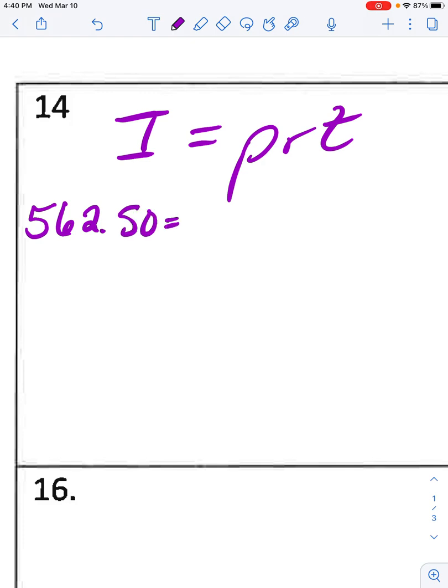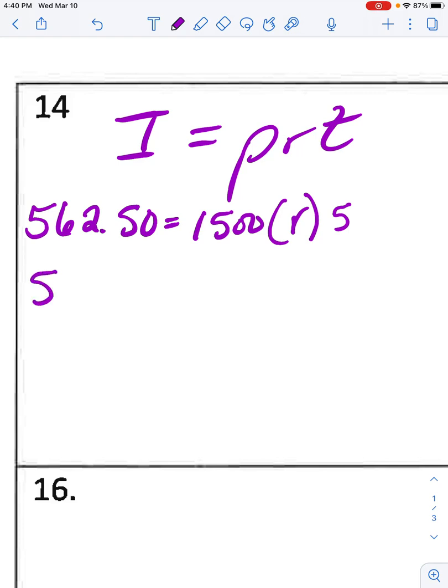It says at 4% for 5 years. Oh, wait. Nope, I was looking at the wrong one. I'm sorry. $562.50. Principal is $1,500. Sorry, I jumped up and was looking at the wrong number. $1,500, and the time is 5 years. So we're solving for the interest rate for number 14.